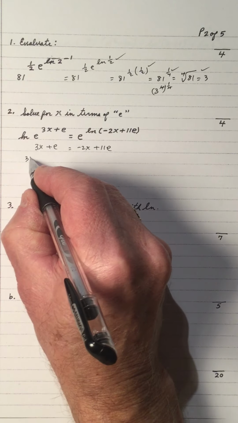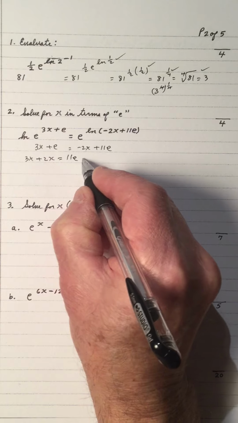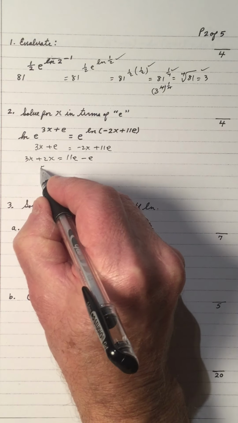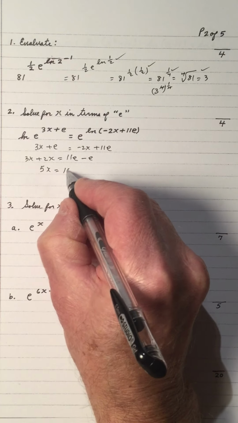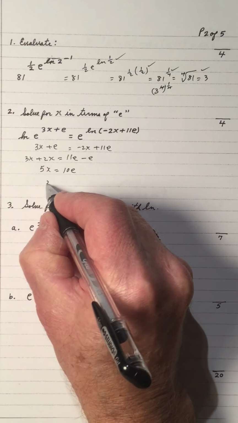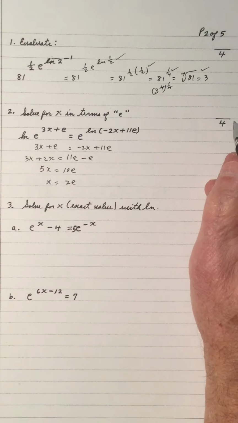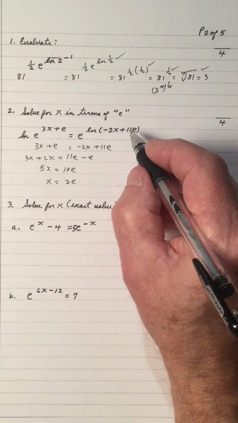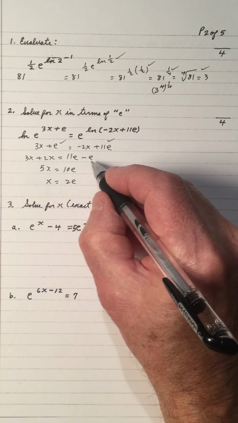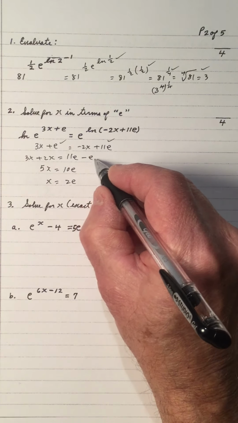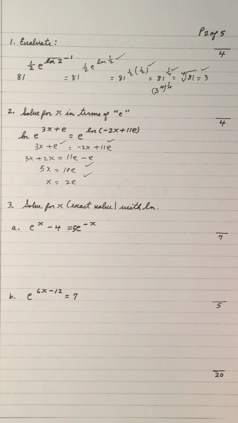So we have 3x plus 2x equals 11e minus e. 5x equals 11 minus 1 is 10. Divide by 5, x equals 2e. And we have 4 marks, so if you have this one and this one, you get 2 marks. If you have this solved here, you get a mark, and if you have final answer, 4 in total.